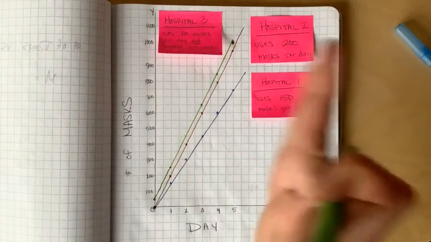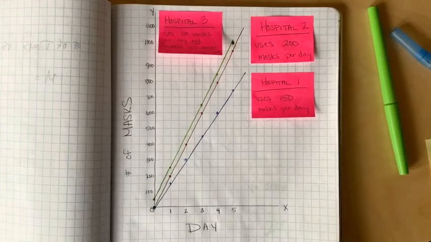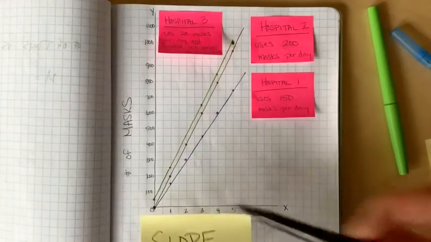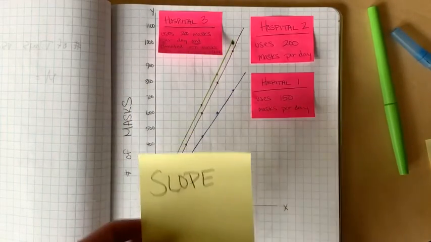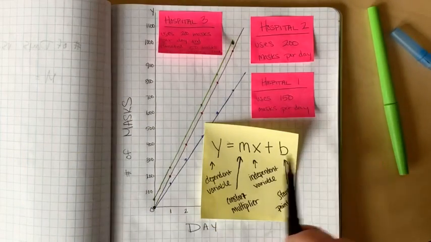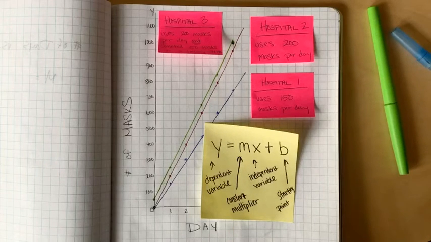How steep a line is, how quickly it's going up a graph, is called the slope. Slope, that's what it looks like, S-L-O-P-E. Slope is how steep the line is, how quickly it's going up. In the last video, we looked at our linear equations, y equals mx plus b, and I said we would have some more information about what these letters mean.